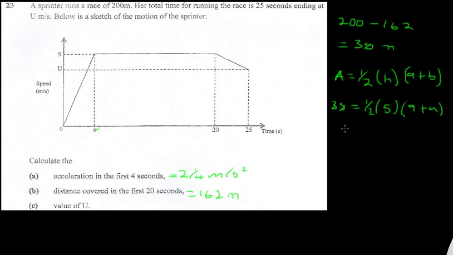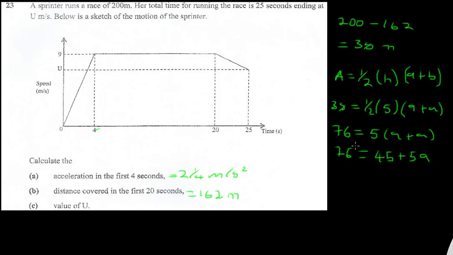If we multiply both sides by 2 to get rid of the half, we have 38 multiplied by 2, which gives us 76, equals 5 by 9 plus a. So 76 equals 45 plus 5a.